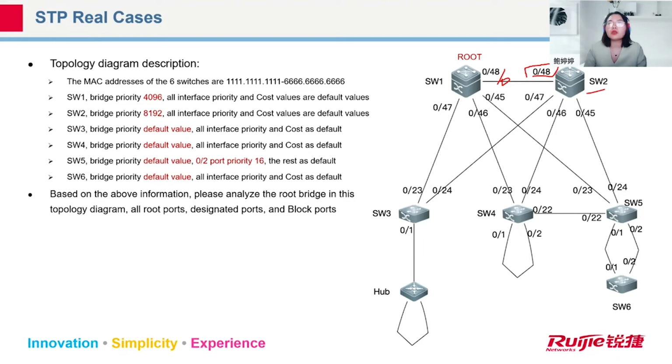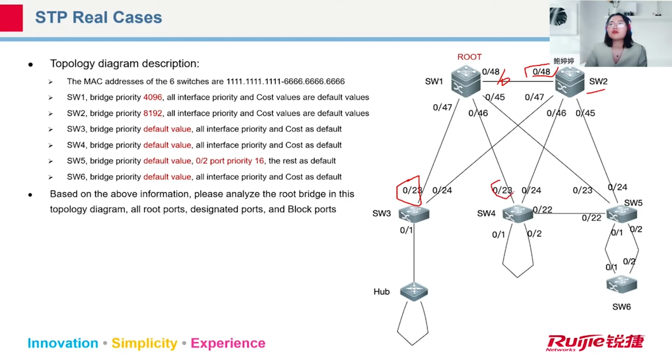Okay, so about switch 3, who will become the RP? 23, 24, or 1? Yes, 23. This will become the RP. And about switch 4, who will become the RP? 23, 24, 22, 1 or 2?